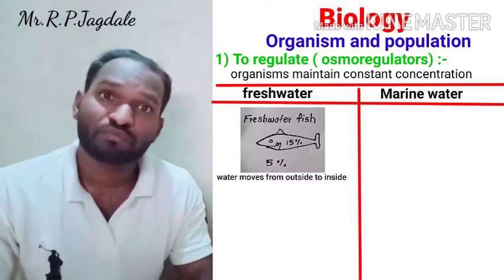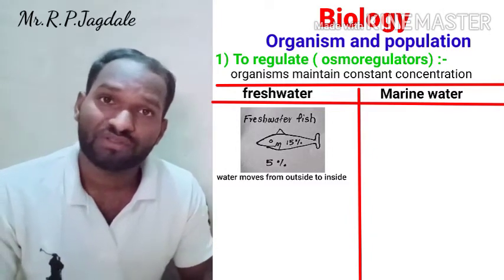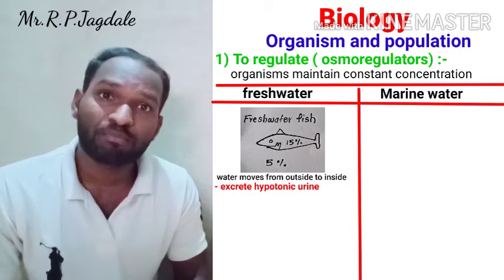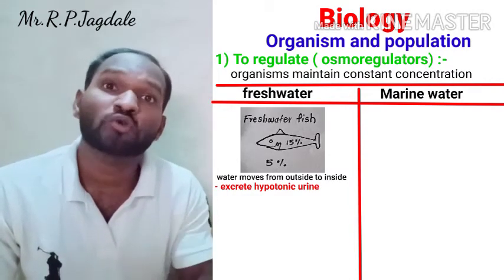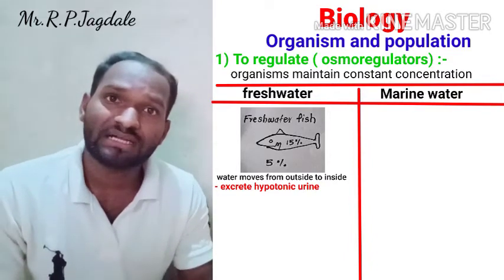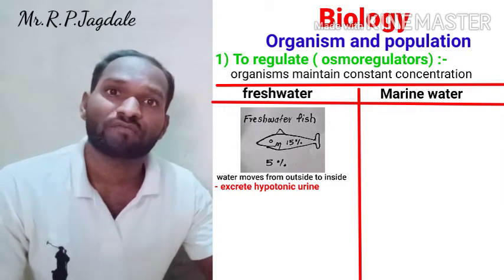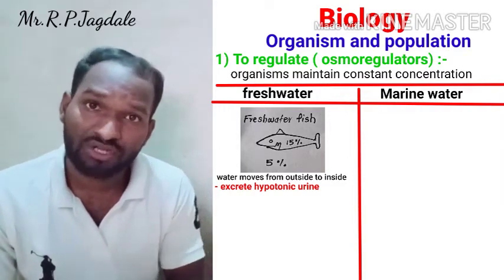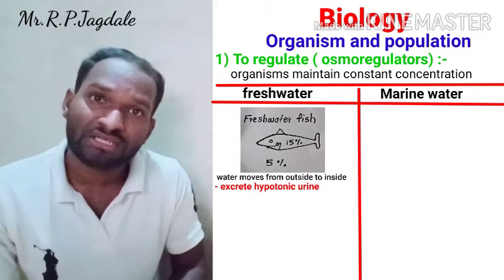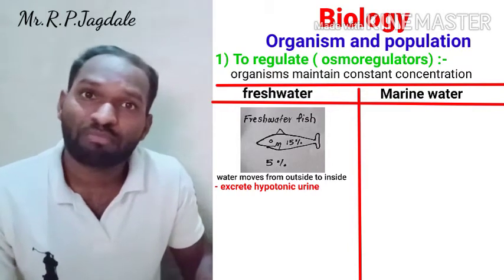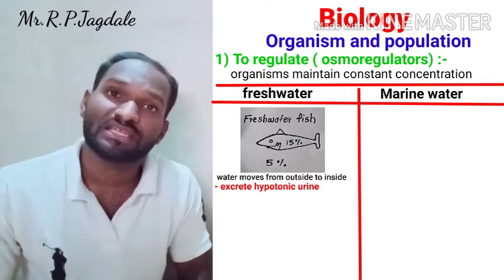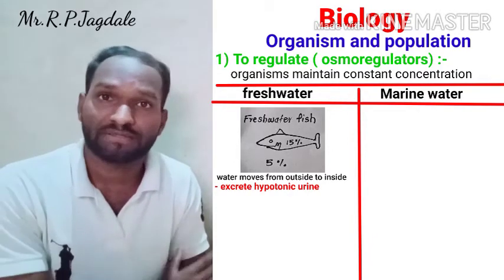To respond to that problem, the fish must excrete hypotonic urine. Hypotonic urine means the urine contains more water. That means whatever extra water is coming inside the body is thrown outside by excretion, so the excretion of urine is hypotonic.